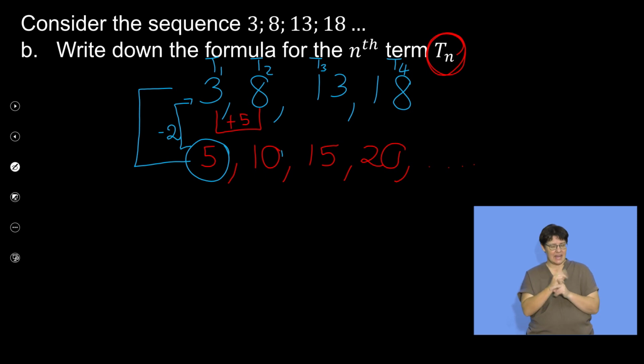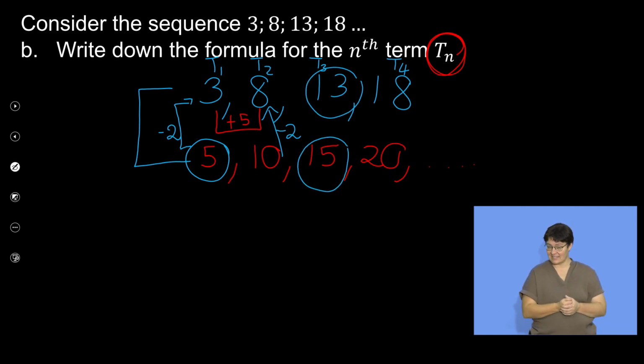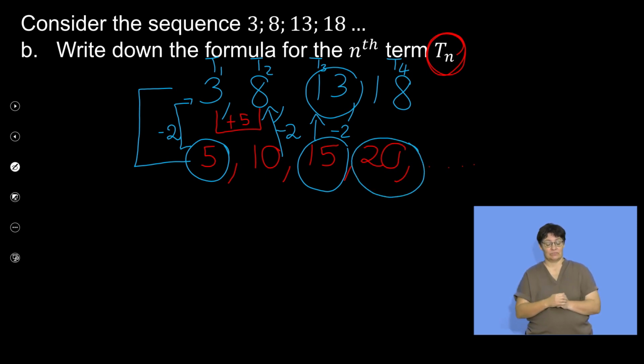Again, if I look at the connection between the second multiple of 5 and term 2, we're going to have a subtraction of 2 to get to the term value of 8. If I look at the third term with the third multiple of 5, I can see that I subtract 2 to get from 15 to 13. If I look at the fourth multiple of 5 to get to term 4, I can see that I subtract 2.